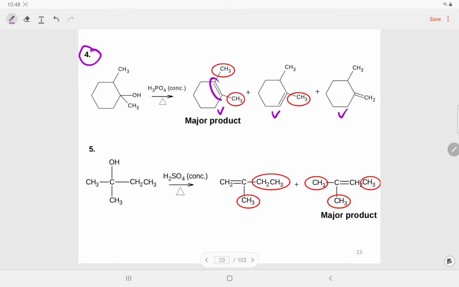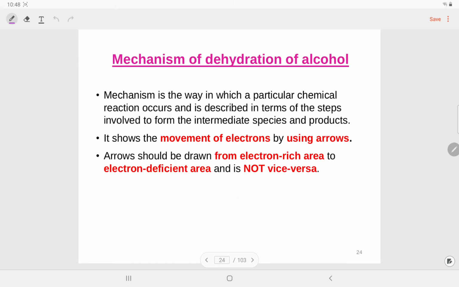So the first carbon-carbon double bond is attached here, second here, and finally at this part. The major product must have more alkyl groups attached to the carbon-carbon double bond. So this equation consists of a rearrangement step in the mechanism. So the focus for today is rearrangement based on the mechanism of dehydration of alcohol.